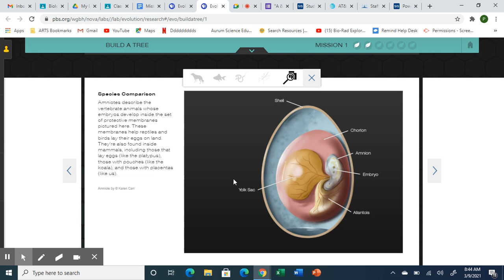We also are amniotes because we produce eggs. Some of us can't. Mammals are supposed to, and we're all mammals. Miss Cole, you think mammals can be infertile? Yes, of course. Oh, wow. So, amniotes, so we have the definition now for that.